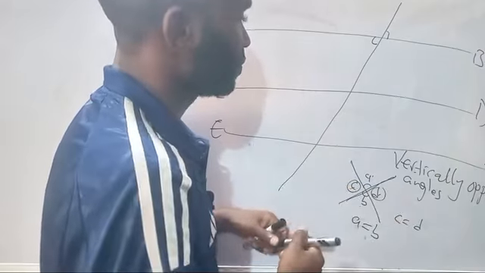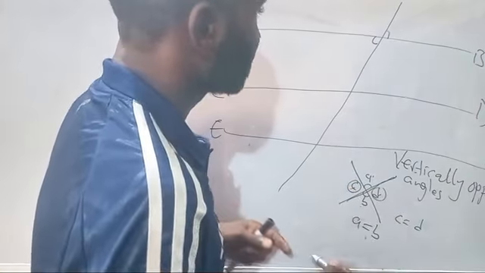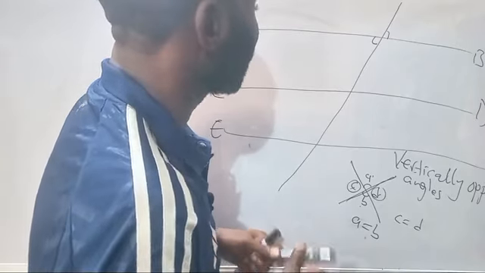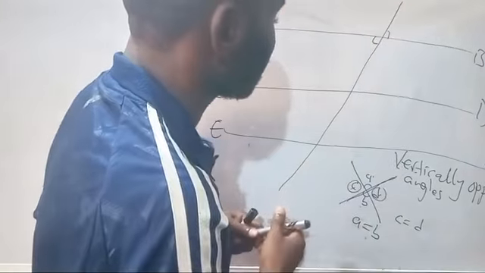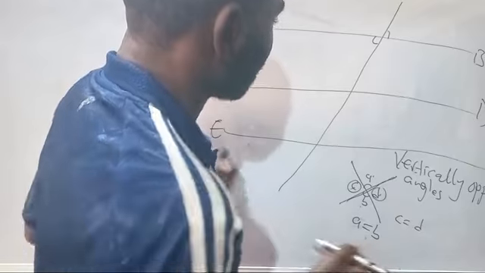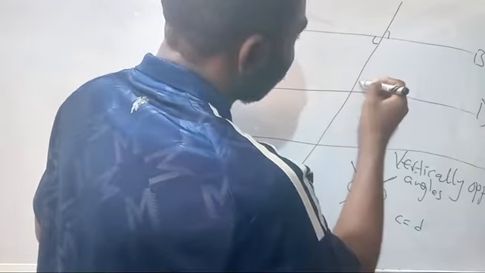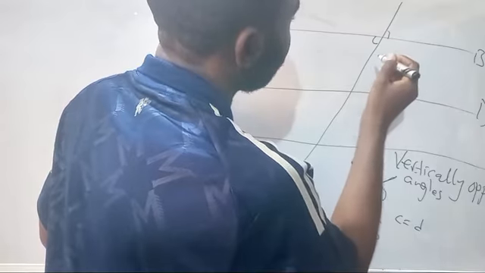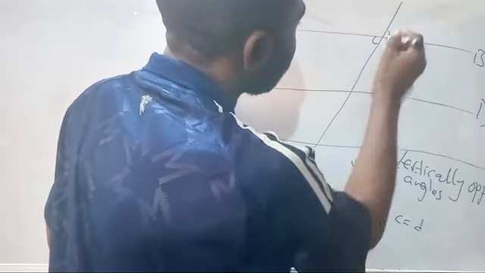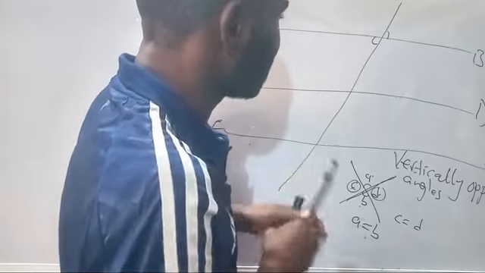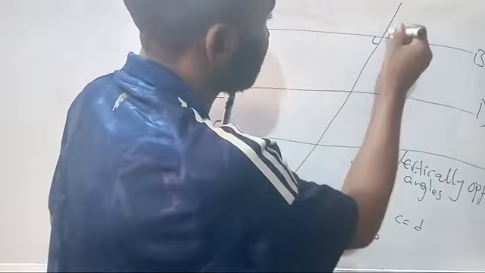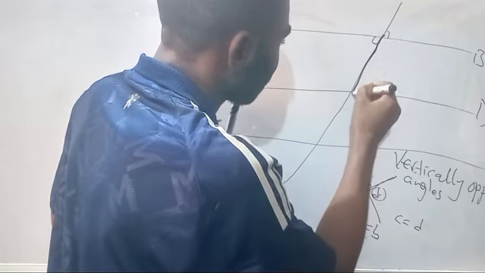Are equal. So again, when you have parallel lines and a transversal is drawn across, you still have a particular angle which, if you pay attention, you will see here, something like F. Let me use something bold so that you get it.